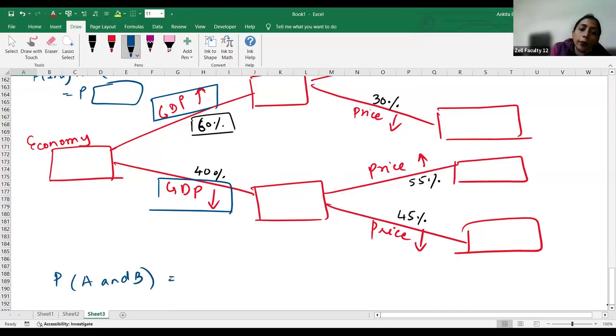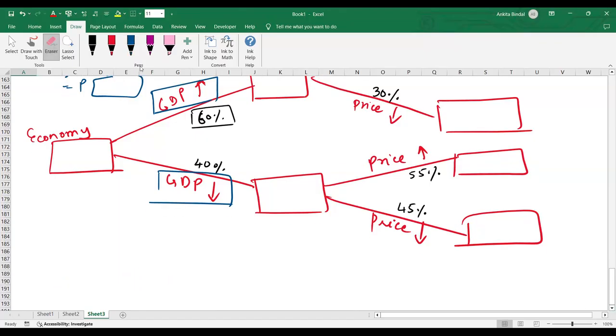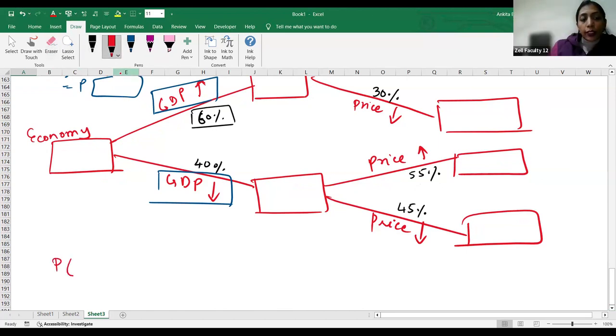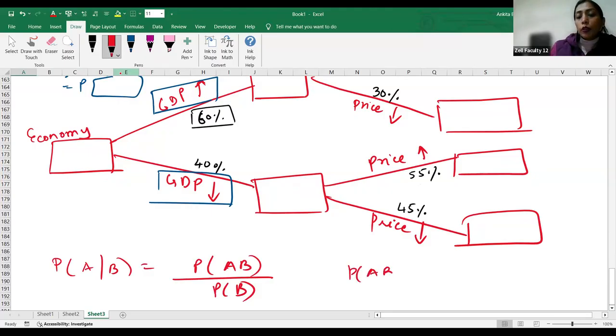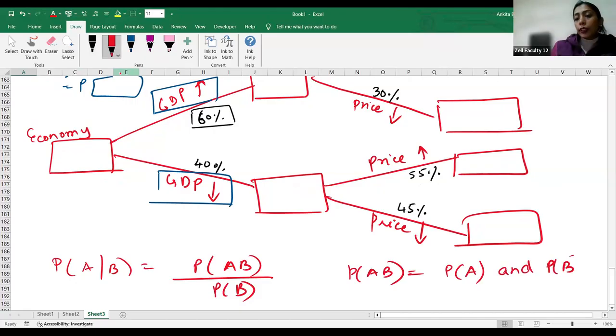I gave you the formula for conditional probability, wherein probability of A given B is probability of A and B divided by probability of B. I also gave you the joint probability formula, where probability of A and B is probability of A times probability of B.